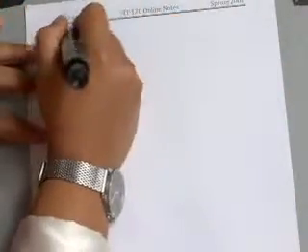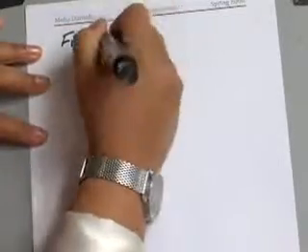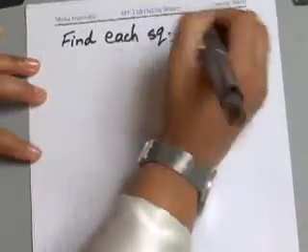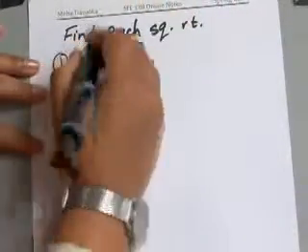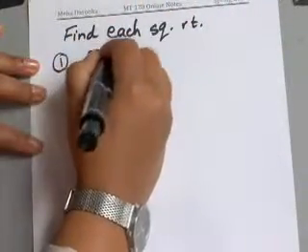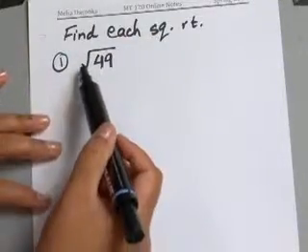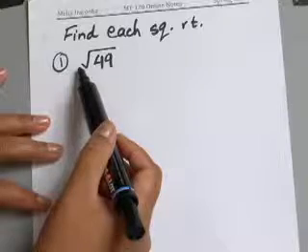All right, so let's see if we can solve some examples here. We're going to try and find some square root values here. Let's say the square root of 49. Now again, you will see that I am using the positive square root symbol here.